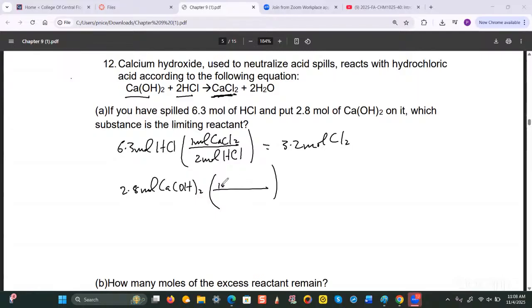So 1 mole of calcium chloride would be above, and 1 mole of calcium hydroxide would be below. And according to my calculation, which is a relatively simple one, the moles of calcium chloride based on that would be 2.8 moles. And I just realized I made an error here. This should be calcium chloride as well.